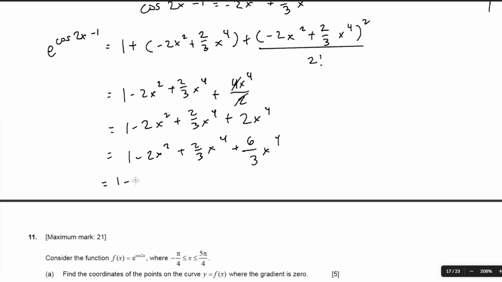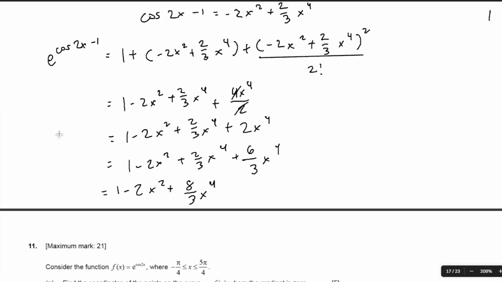We would have 1 minus 2x squared plus 2 over 3 plus 8 over 3x power 4. Okay, so that is our Maclaurin series for e power cos 2x minus 1.